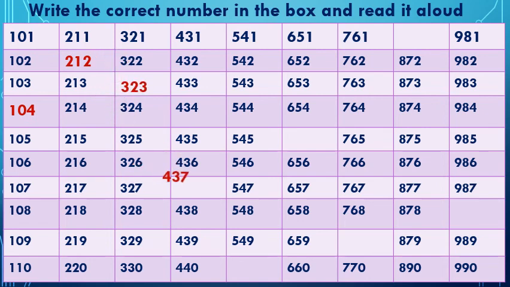Am I right? 437, 549, then 550, 655, 769, 871, 988. Got this? Here we have completed up to 990. That is 3-digit numbers only.